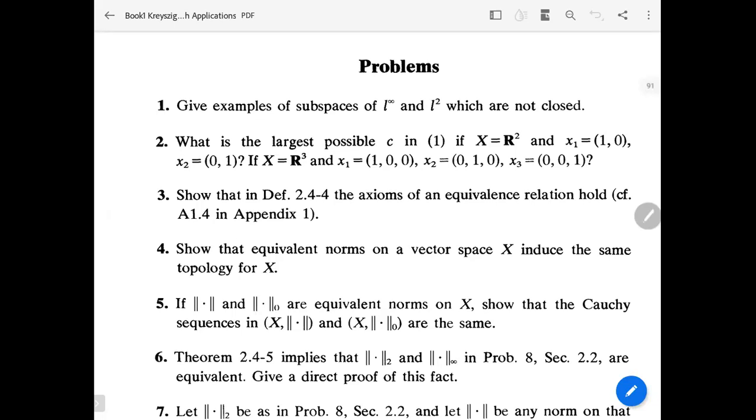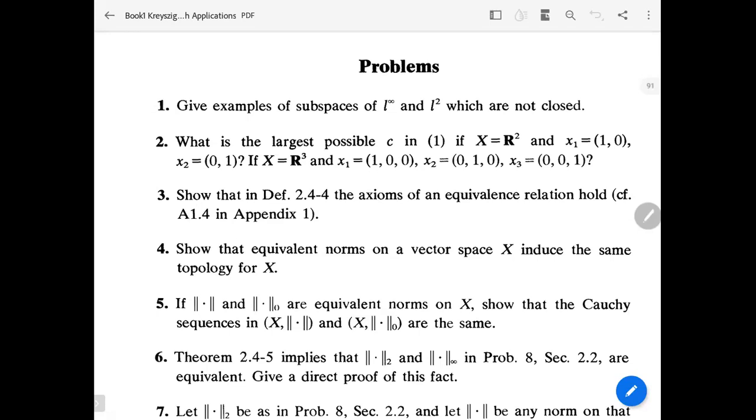So every norm is equivalent to itself. If norm 1 is equivalent to norm 2, norm 2 is equivalent to norm 1. If norm 1 is equivalent to norm 2, norm 2 is equivalent to norm 3, then norm 1 is equivalent to norm 3. So using the definition of equivalent norm, you can prove easily that this relation is an equivalence relation. So question number 4, maybe I will solve this question for you.